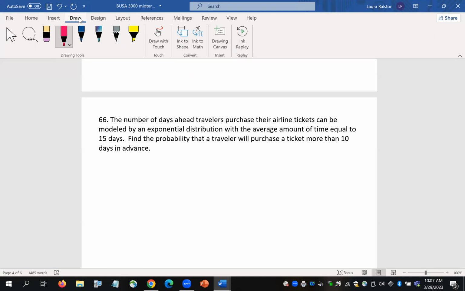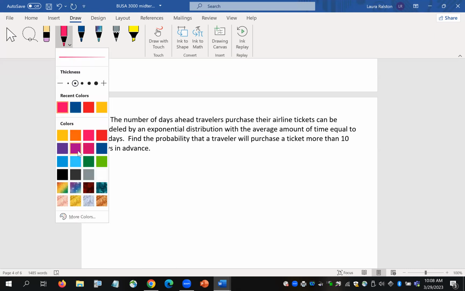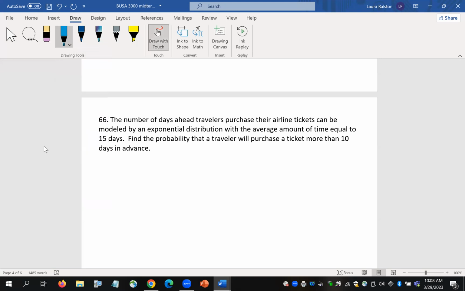Find the probability that a traveler will purchase a ticket more than 10 days in advance. Okay, again, one of the first things that I notice about this problem is it does clearly identify the fact that this is an exponential distribution.